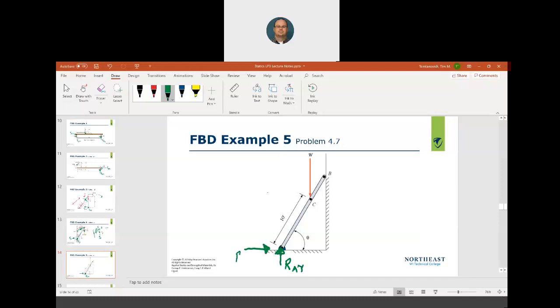We have the reaction at point A in the X direction. Okay, we have a force. So this ladder is leaning up against the wall here. Wouldn't you say that it looks kind of like a roller? Does the wall have to push back to hold it? Right? Reaction at point B in the X direction. Otherwise this ladder would move, right?